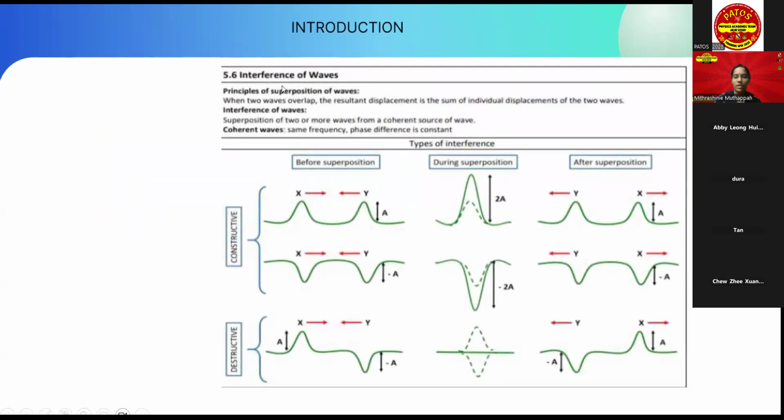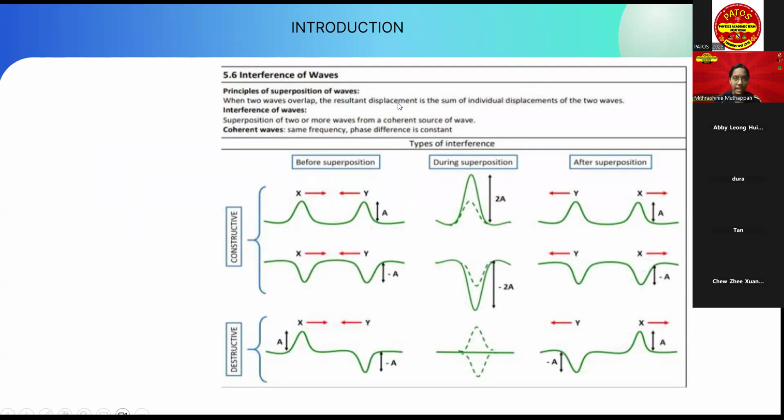First of all, let's look at terms that's given here. First, we have principles of superposition of wave. So here they have stated that when two waves overlap, the resultant displacement is the sum of individual displacements of the two waves. So this might look a bit confusing.